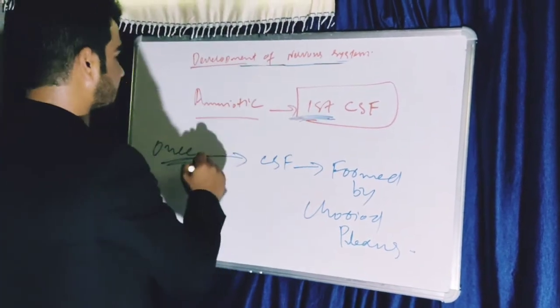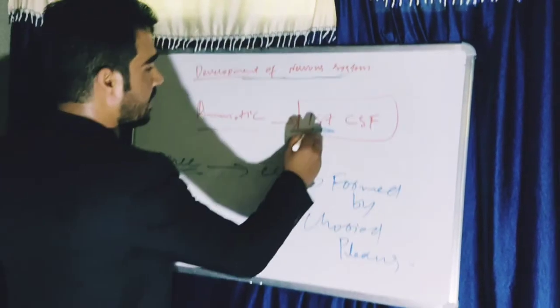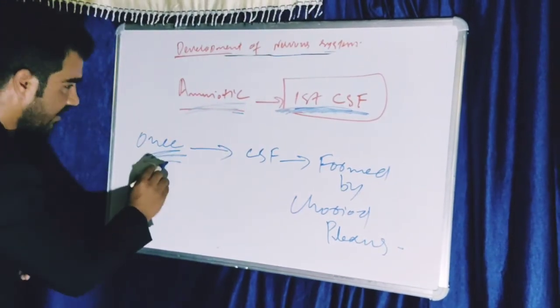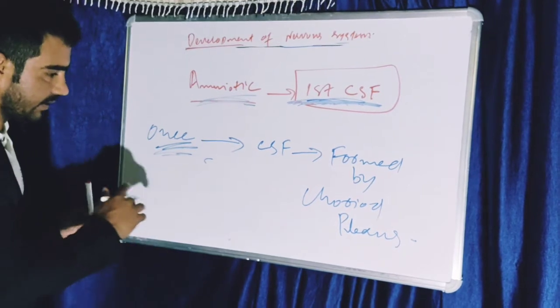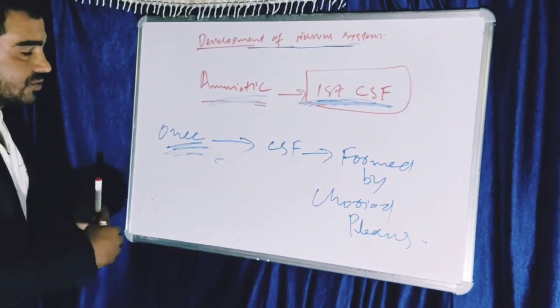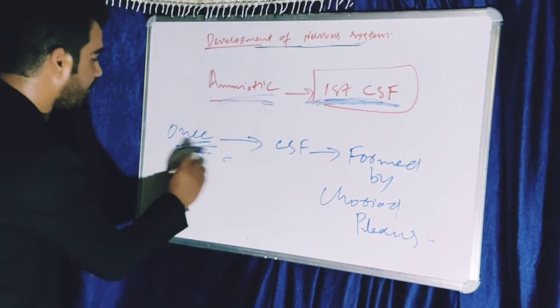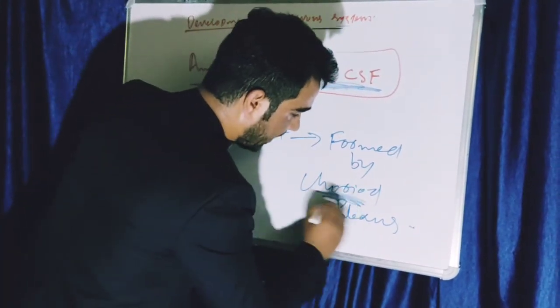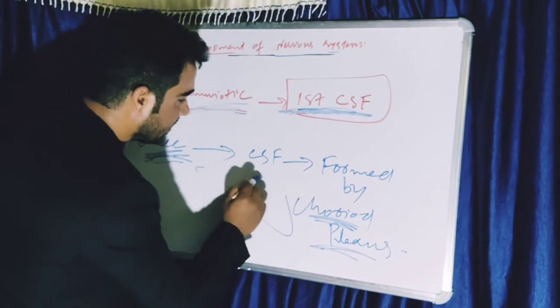At the time of development, the first CSF is actually amniotic fluid, and once the ventricles are formed, when the brain tissues are getting developed, there is a choroid plexus inside the ventricles. They will make cerebrospinal fluid.